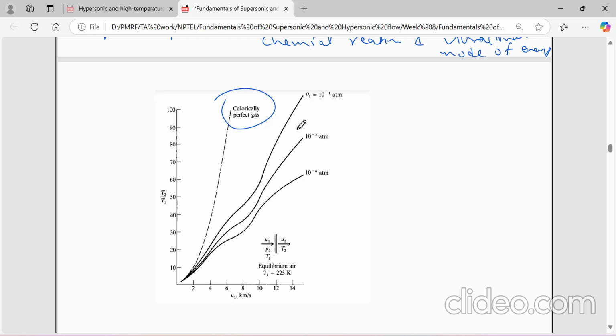Now, let's say for constant temperature, P equals rho RT, so if P increases, it means rho increases, or if rho increases, it means P increases.